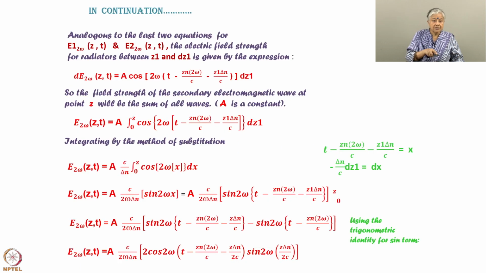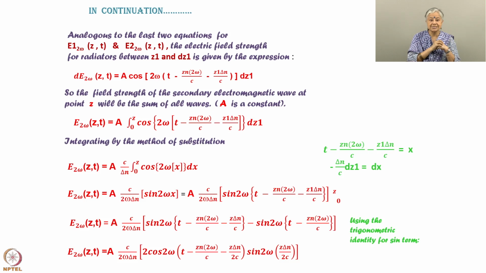So, analogous to the last two equations, E1 and E2, the electric field strength for radiators between Z1 and Z1 plus dZ1, I just take a small strip. Instead of calling it Z1 and Z2, it is a small strip of Z1 and dZ1.